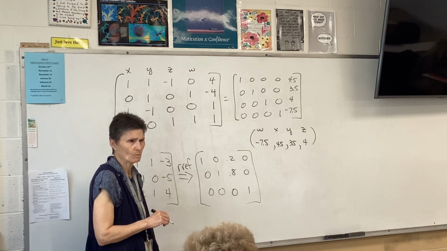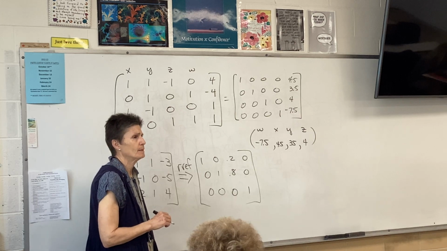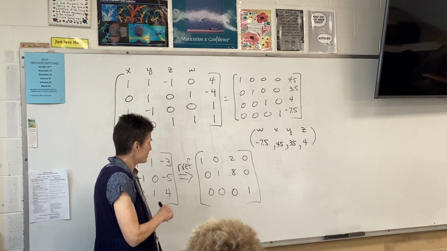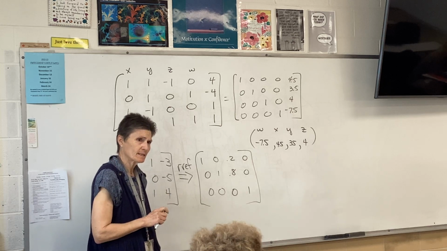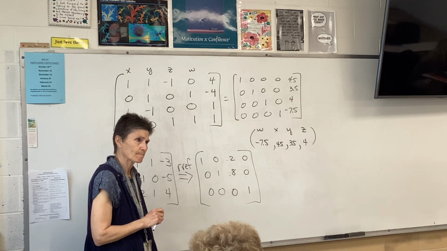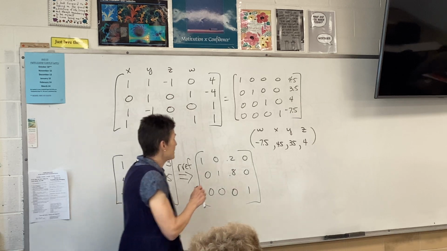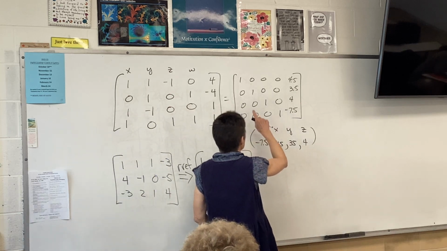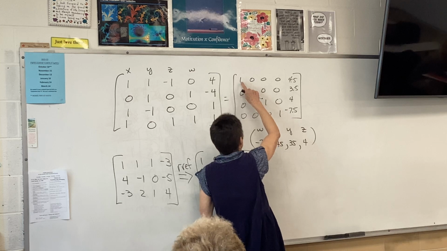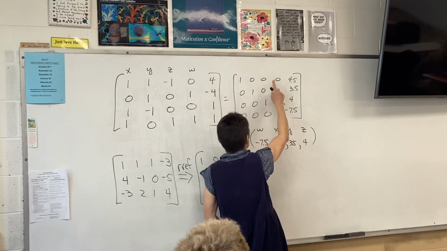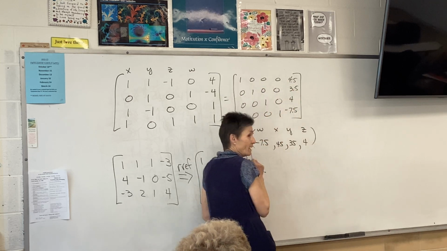You got a little wild and wacky with this problem. Do you see that your final matrix looks a little different than the other ones have looked? The other ones said things like X, no Y, Z's or W's equals 4.5.